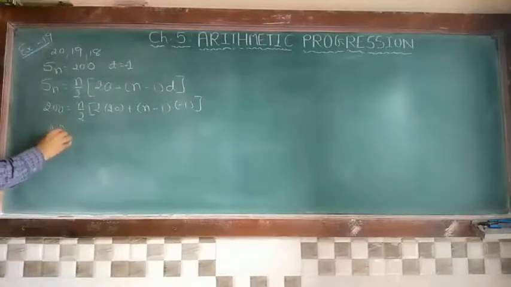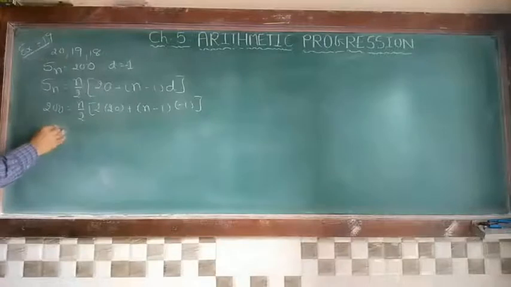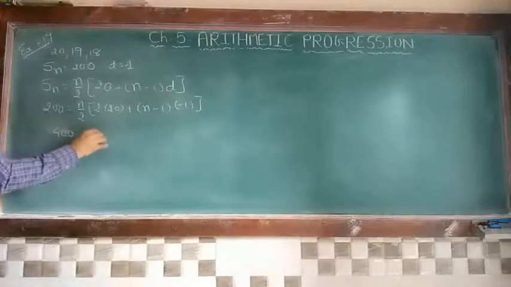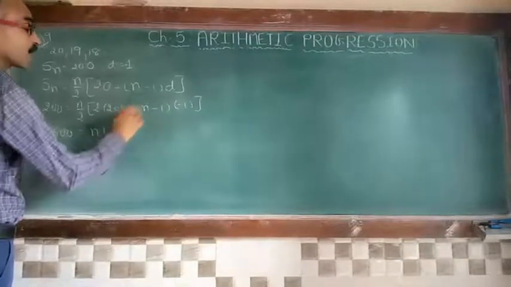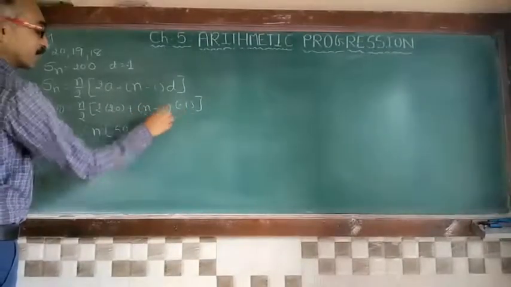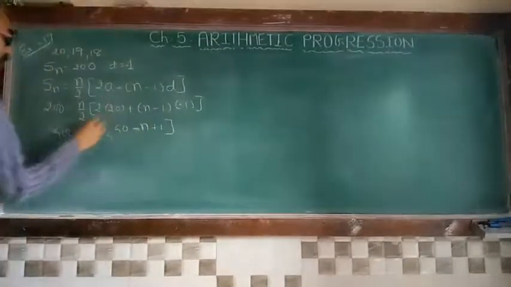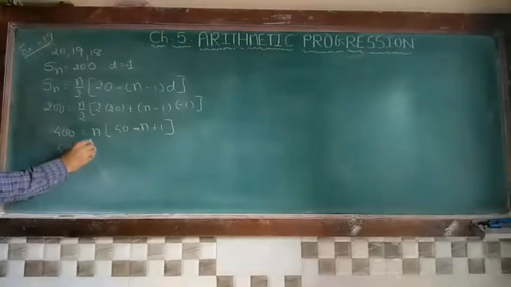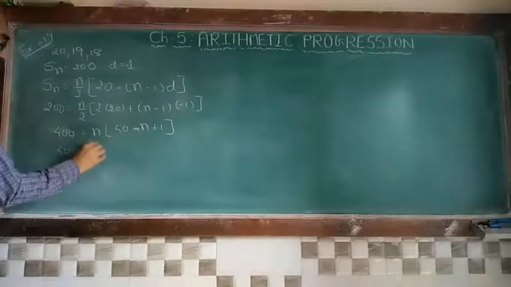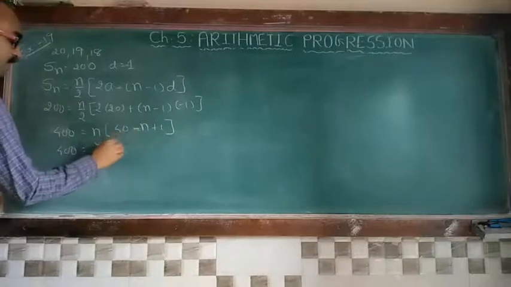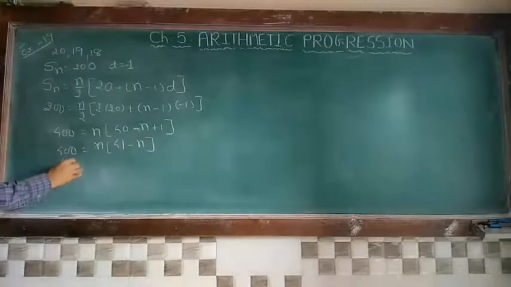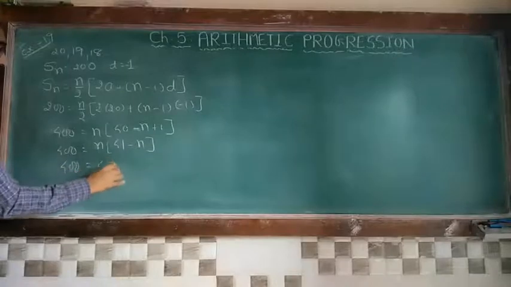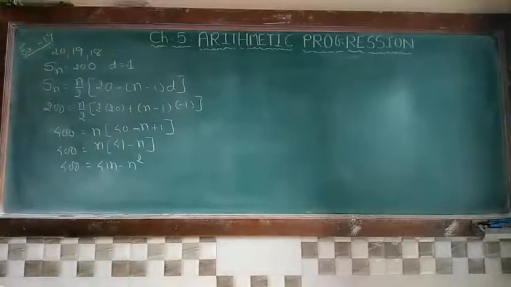So 200 into 2, that is 400, is equal to n into 40 plus, minus minus n, and minus minus plus 1. So 400 is equal to n into 40 plus 1, that is 41, minus n, so 400 is equal to 41n minus n square.